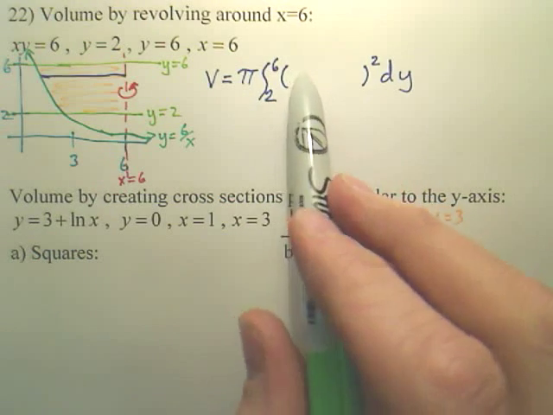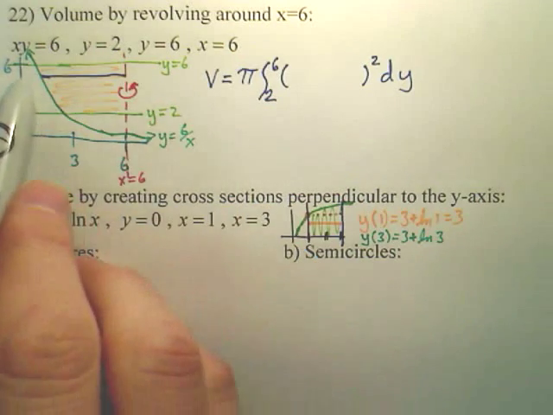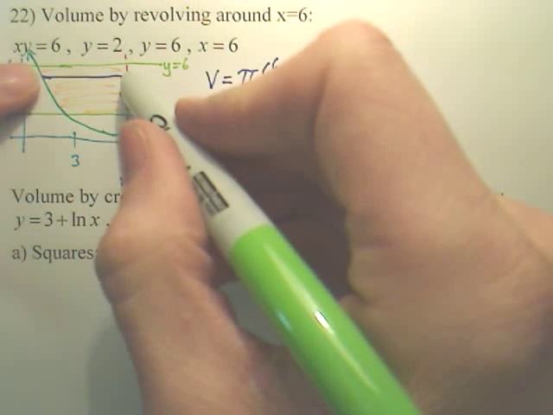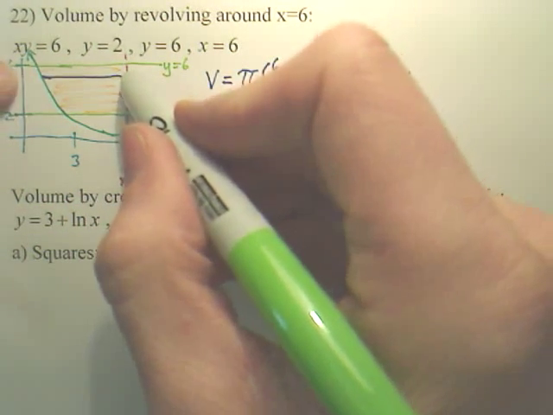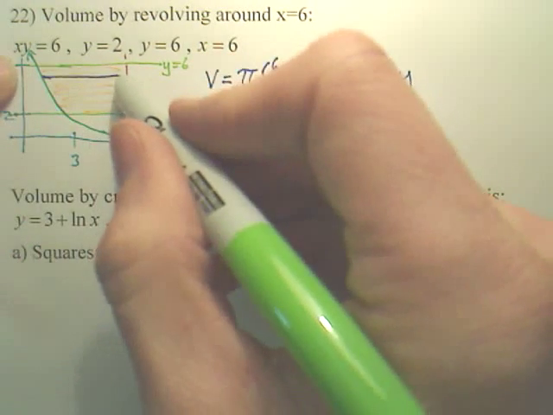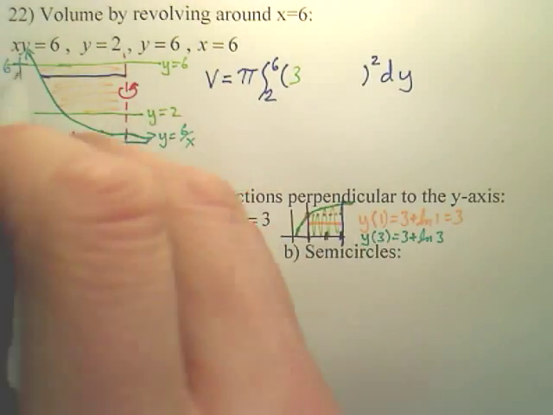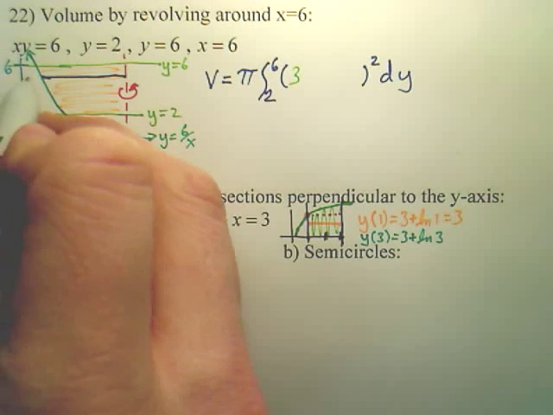Now we need to find our radius. Pi r squared. Our radius, well, our radius is this. Isn't the whole thing 6? From here to here, the whole thing is 6. Aren't we subtracting?